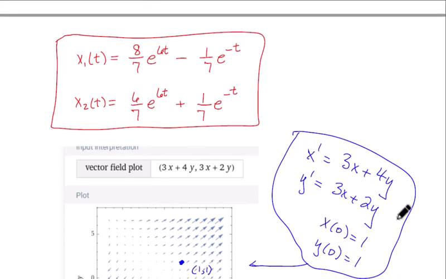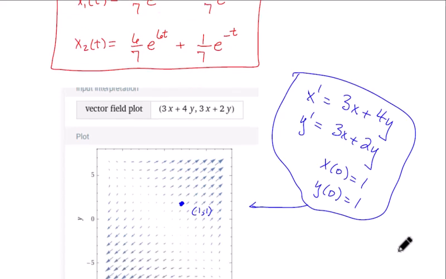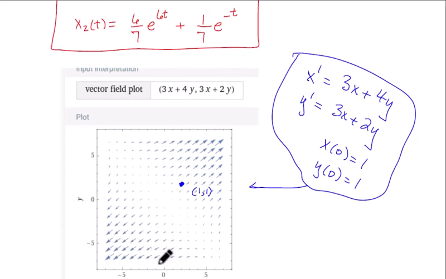If I do a vector field plot, it looks like the following. My initial conditions are at time 0. I'm at 1, 1. And so here is 0, here's 0. So about 1, 1 is there. So it looks like going forward in time, we're going to be moving up in that particular path.